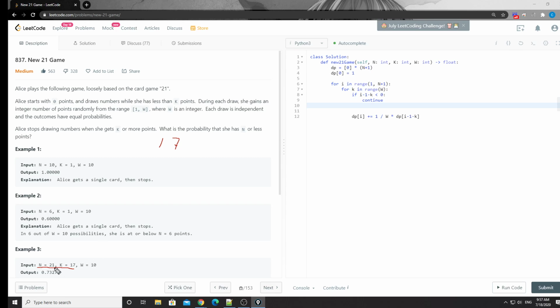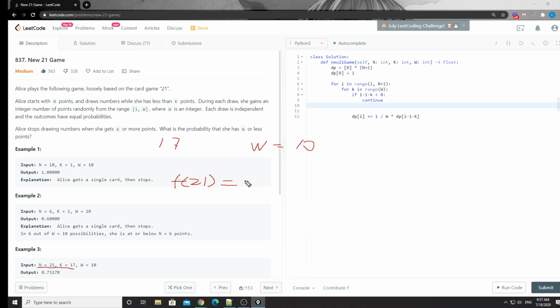Okay, let's calculate the probability of N21. So we have a DP F21 here, right? And the window is W, W is 10. So if we just follow our pattern there, F21, we have like 10 ways to get to 21, right?